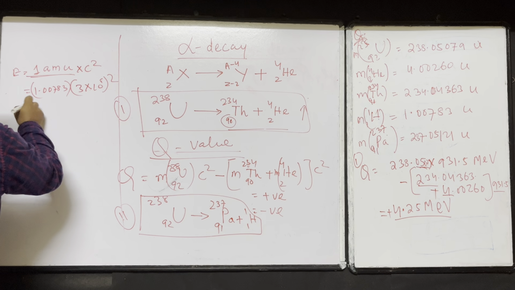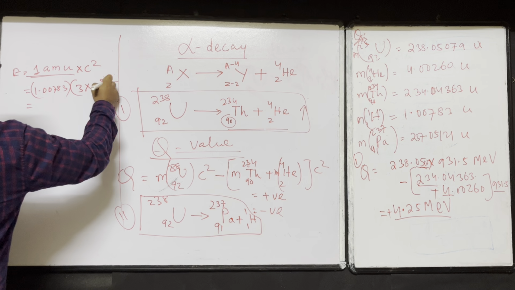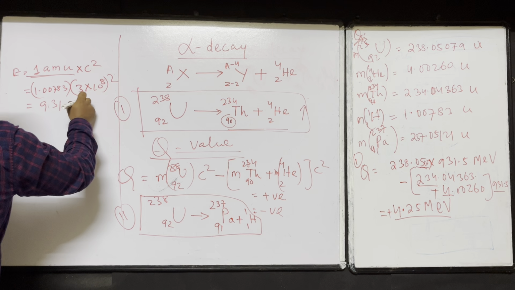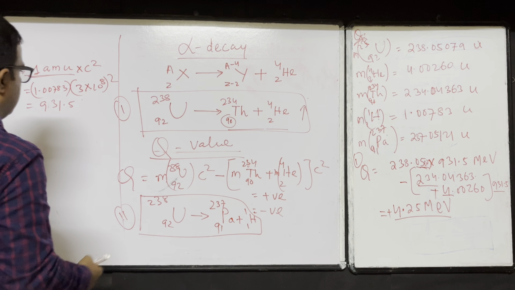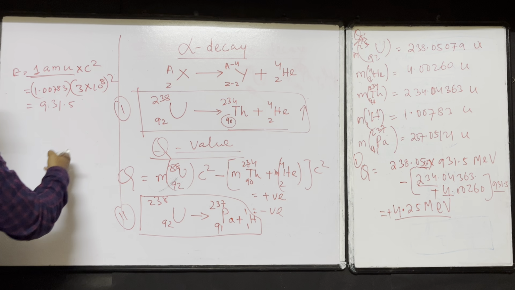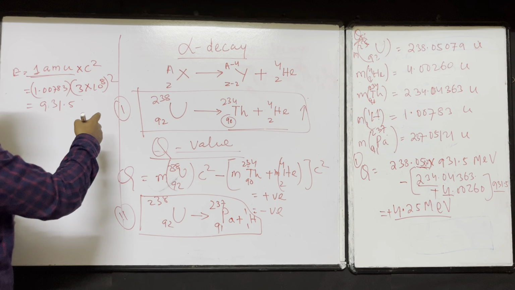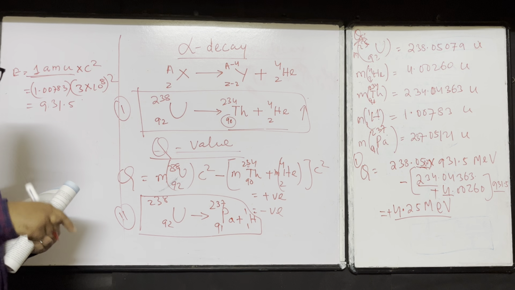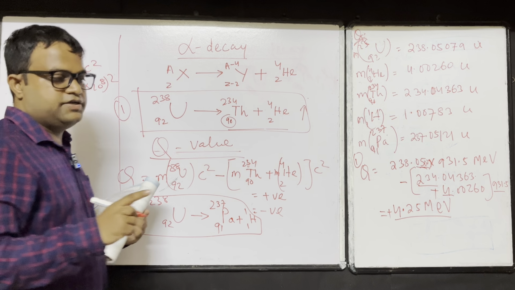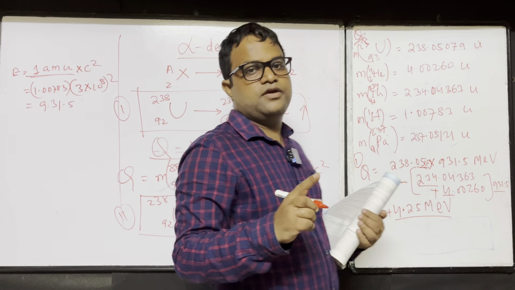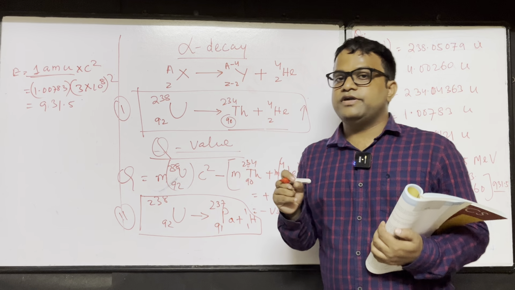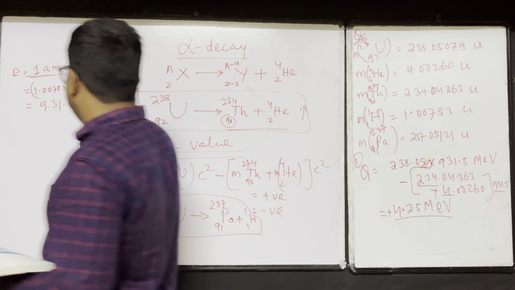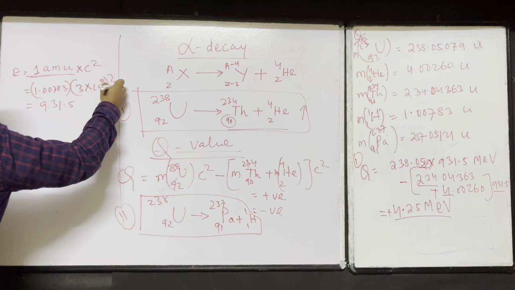If you multiply, this number will not come as 931.5, it will come in joule. So you have to divide by 1.67 into 10 to the power minus 19, so that it will come in MeV.